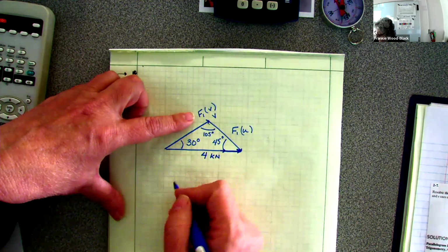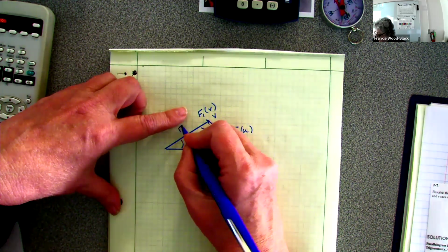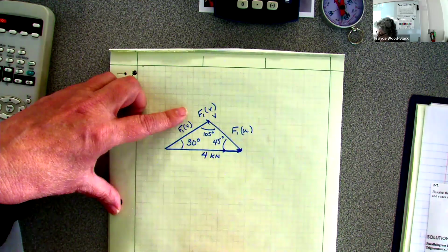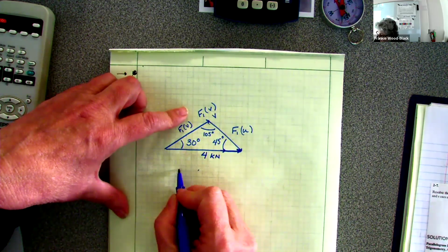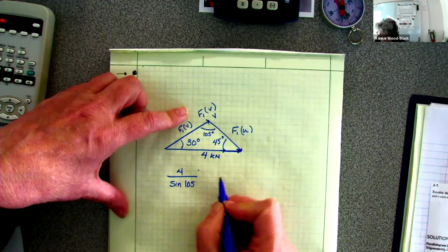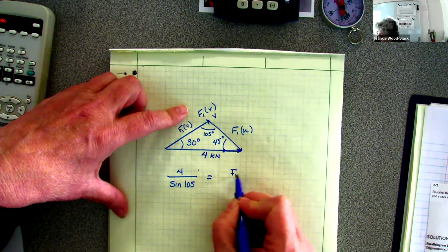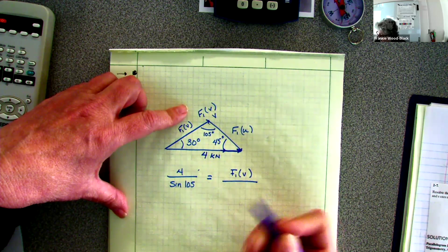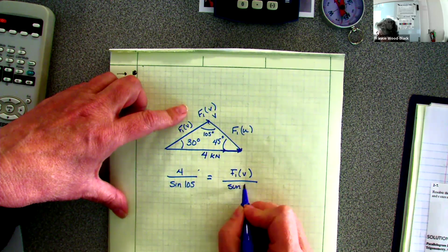So if I'm looking for this side, F1V, that's going to be my 4 divided by the sine of 105 is going to equal my F1V divided by the sine of 45.